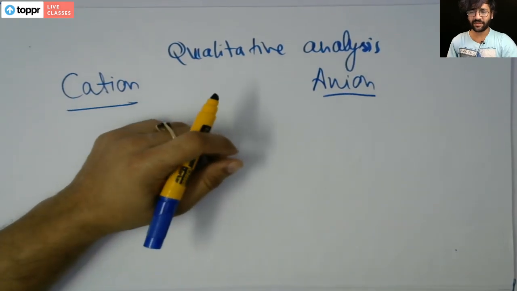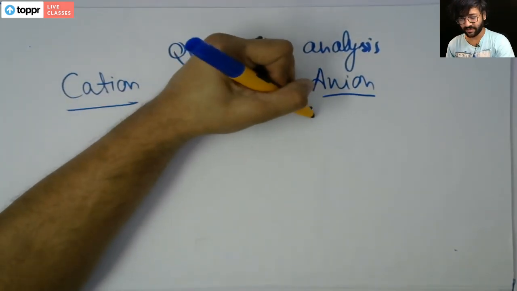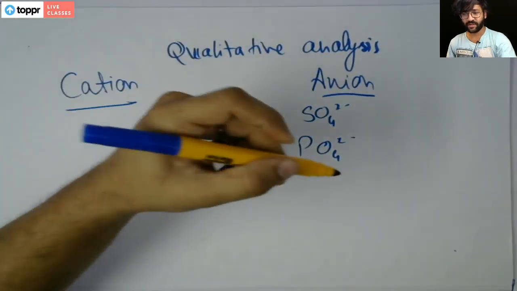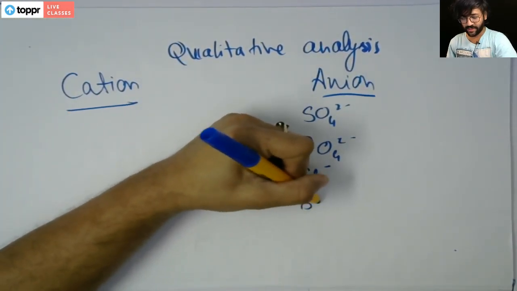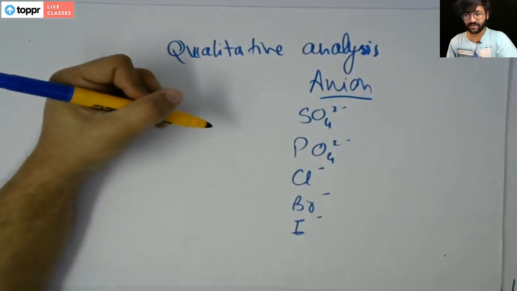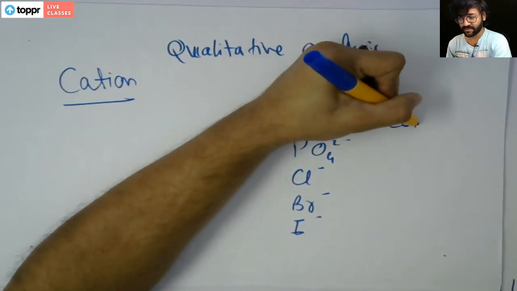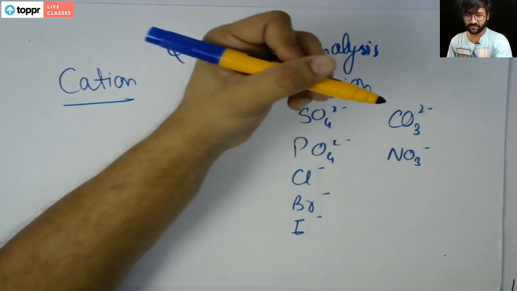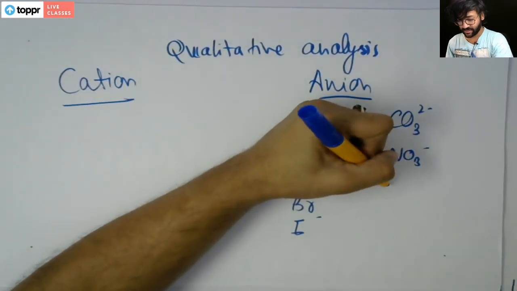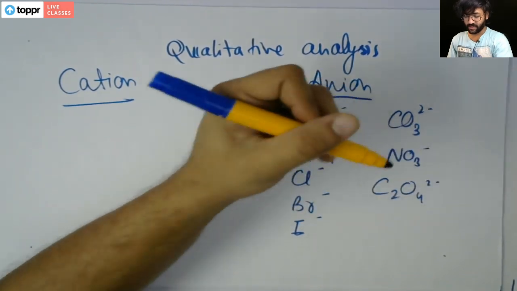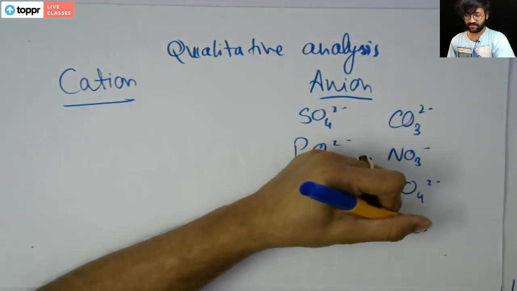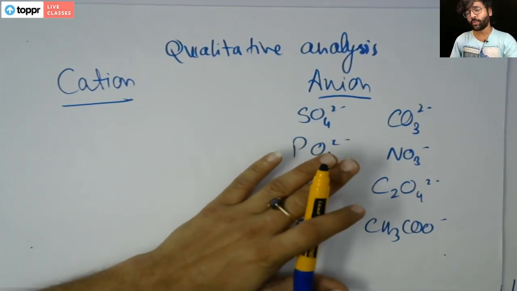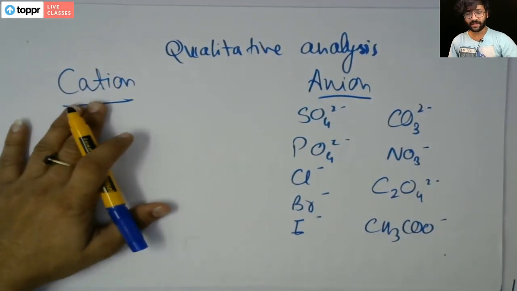Now anions are quite few, like there are sulfates and phosphates, right? Chlorides, bromides, iodides, then there are carbonates, nitrate, and then acetate and oxalate. So oxalate is this one and acetate is this one. These are the anions. There are no groupings on this part, but on the cations part there are groups.